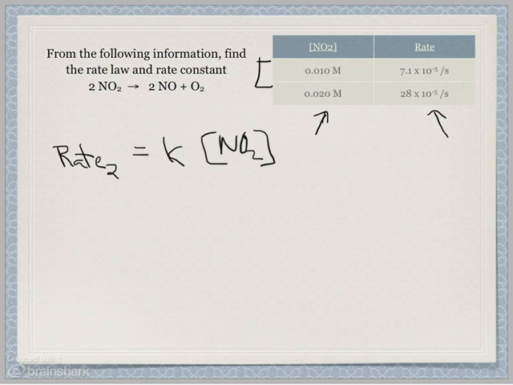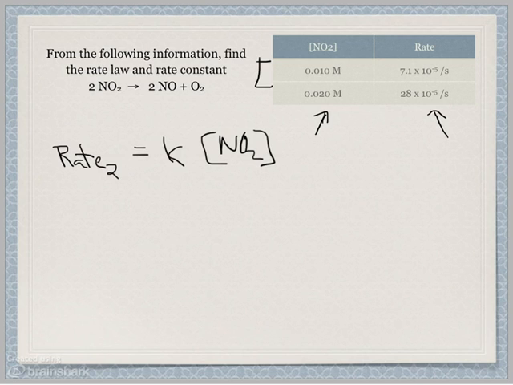Now we're going to put this over the rate law of the first trial, so rate 1 equals, and then the K, which in this case can cancel out since they're the same thing, over the concentration of NO2 during that first trial.